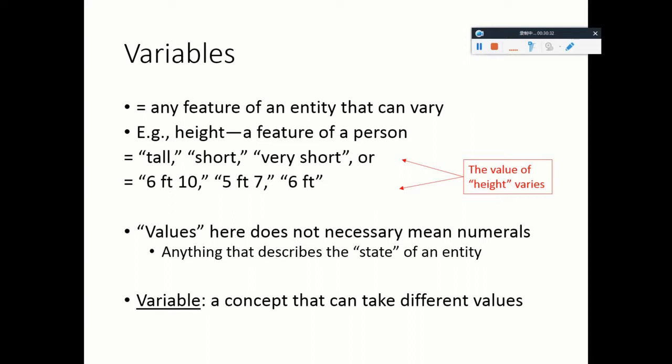Okay, so as you see, we add another feature to concept and we have another term here. So a concept, if it's used for scientific purpose, we call it a construct, and a construct or a concept that will change, we'll call it a variable.